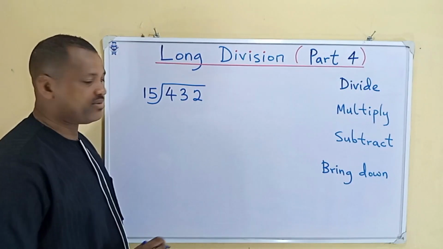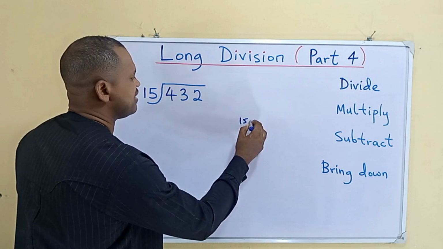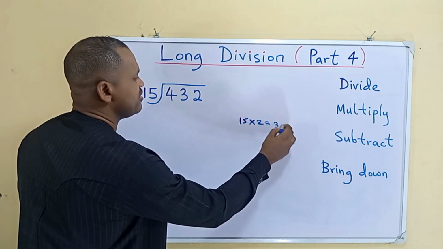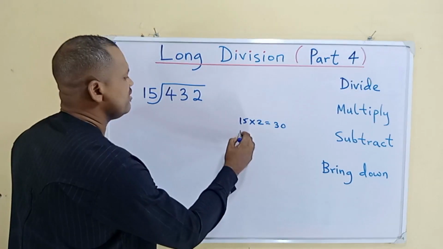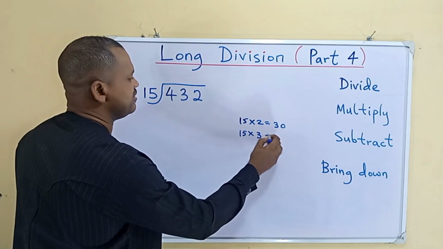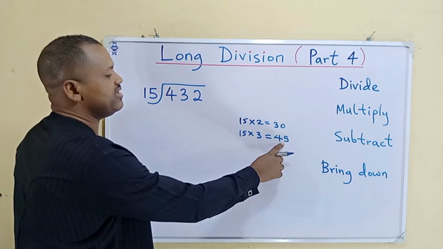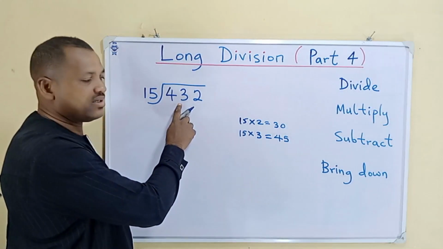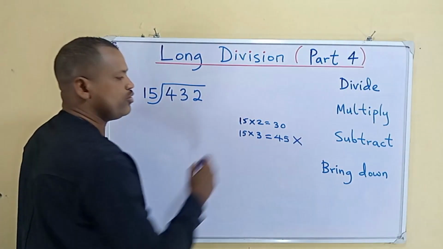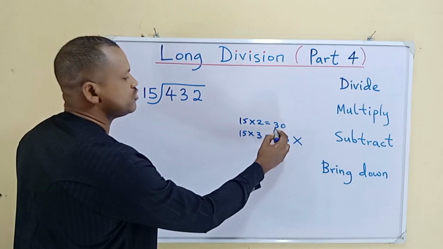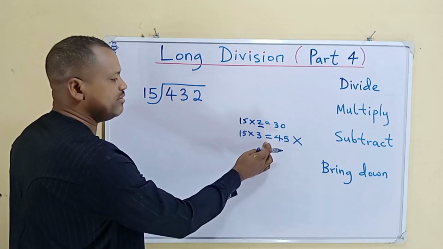Of course it's 2 times. 15 times 2 is 30. 15 times 3 is 45, but 45 is bigger than 43. So we will not use this, we use the one before it.